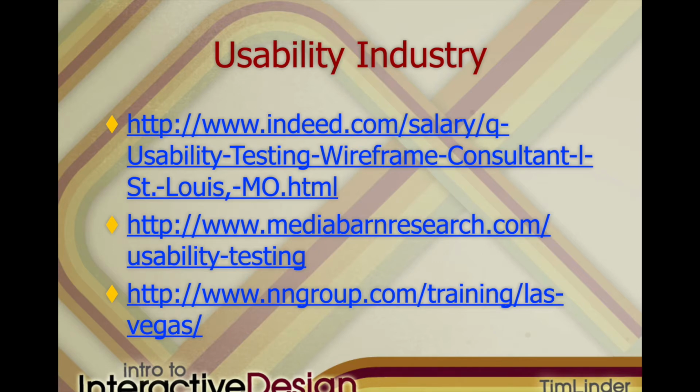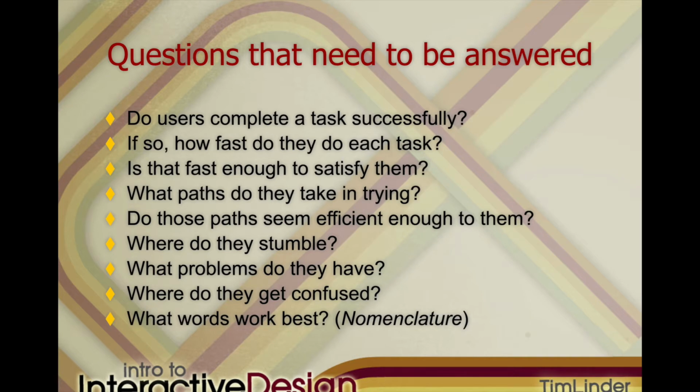So when we're setting up a usability test, we need to find out a few things. We need to find out if users were able to complete the task that we set out for them. If so, how fast were they able to do it, and is that fast enough? What kind of paths did they take in trying?